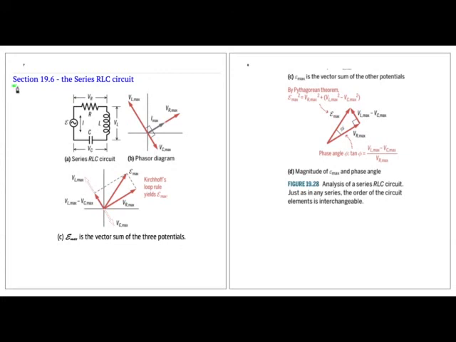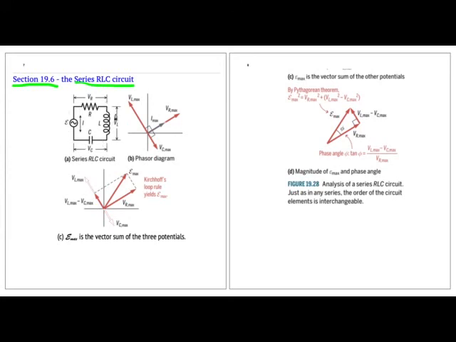Well, now, having that information for resistors, inductors, and capacitors, we can now go on and study a circuit with all three elements in the circuit: resistance and inductance and capacitance. So the simplest case is just a series RLC circuit. So here we have a series RLC circuit. There's a resistor, there's an inductor, there's a capacitor.